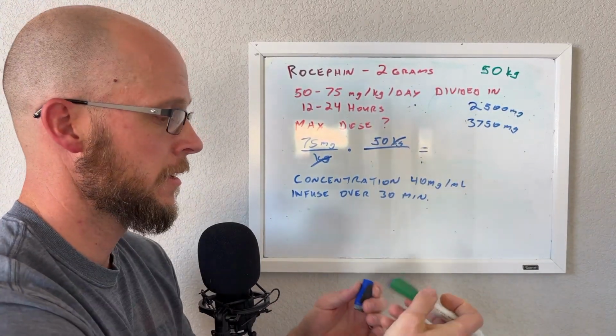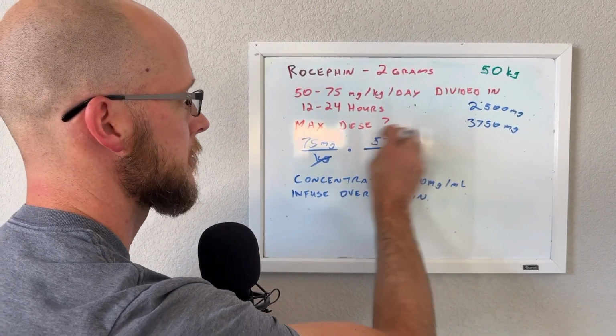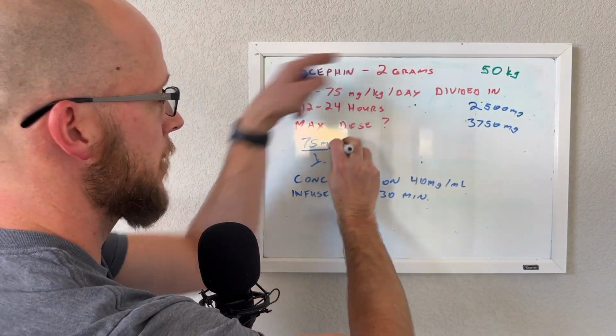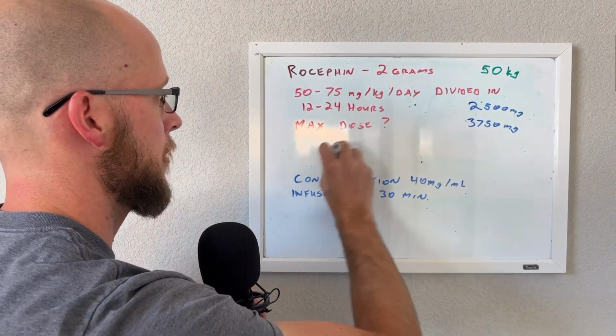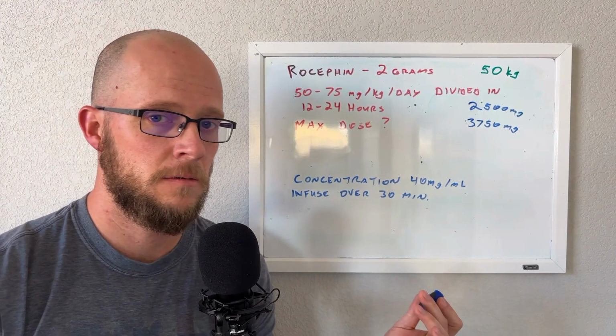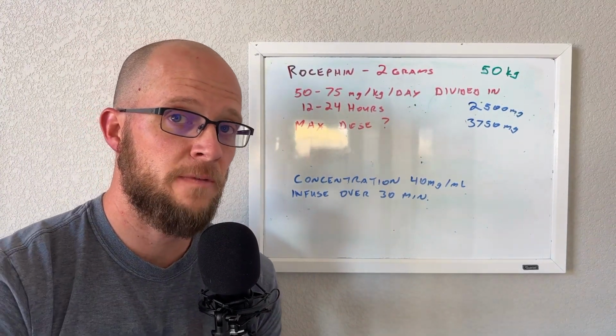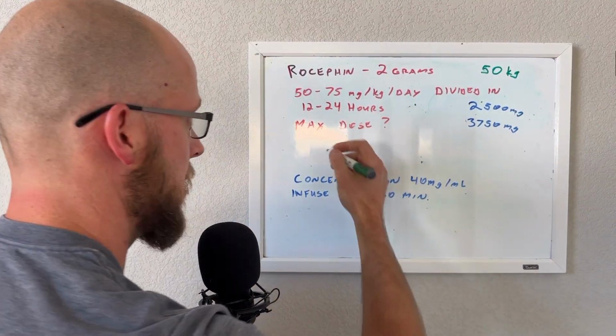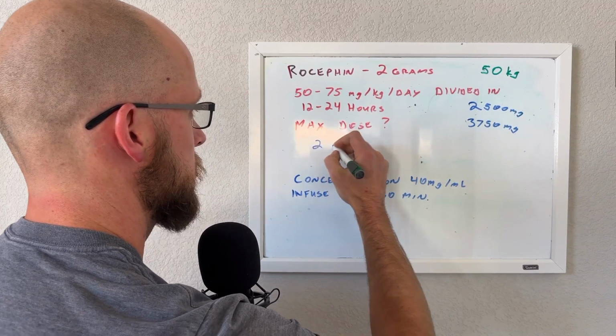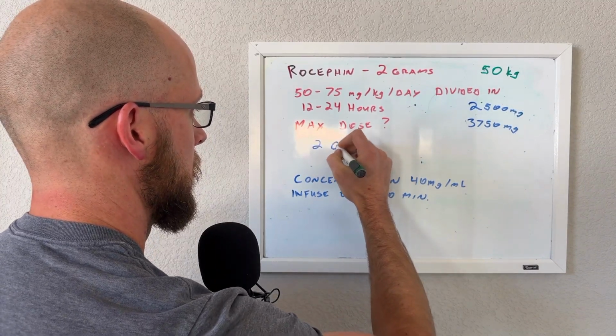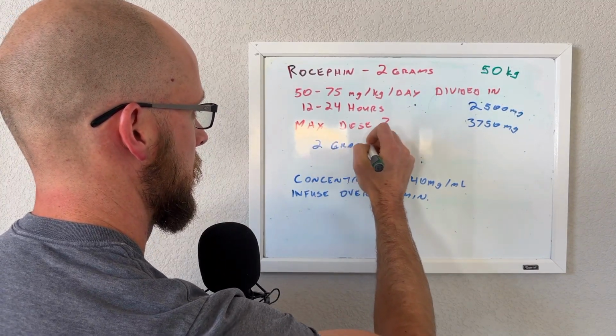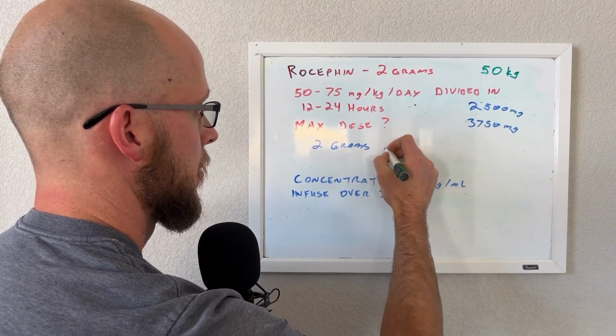Now your next thing is, well, my doc only ordered 2 grams. How many milligrams is that? Hopefully that should be fairly easy math, but just in case it's not, let's do this. We're going to go 2 grams, right?